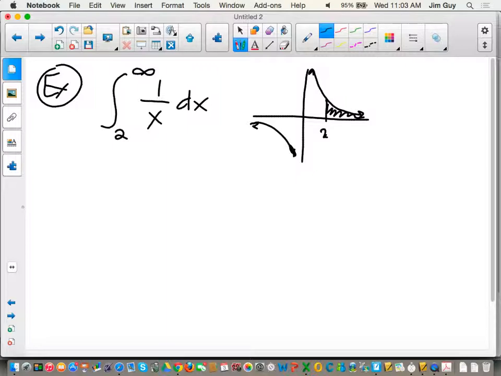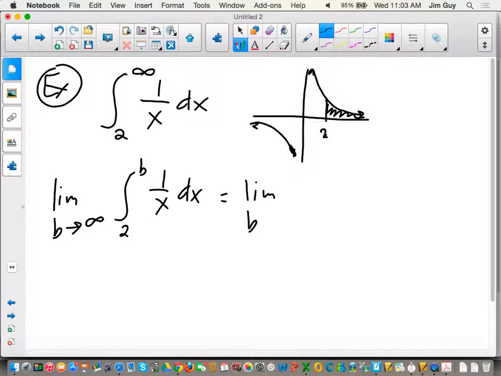We're going to take the limit as b approaches infinity of the integral from 2 to b of 1 over x dx. You've got to do it that way in free response. And the integral of 1 over x would be? So we get the limit as b approaches infinity, because I haven't taken the limit yet, of the ln of the absolute value of x.